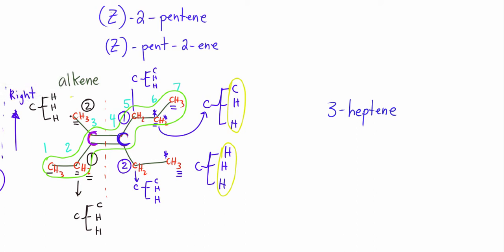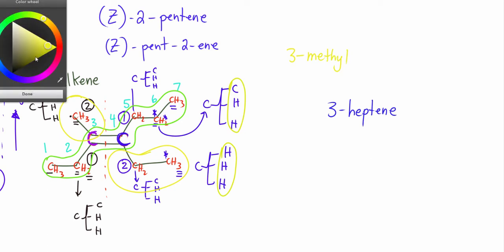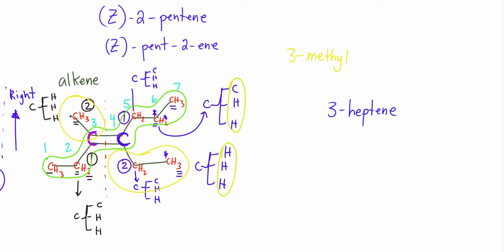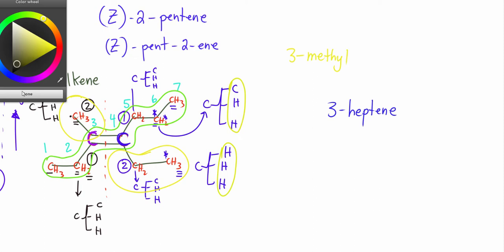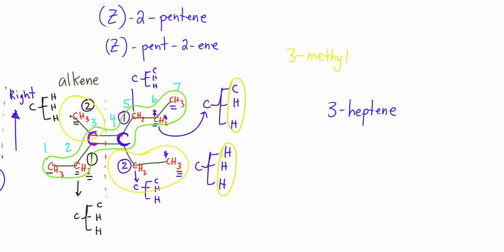Okay? So I've circled my parent chain, and now we need to be concerned with the substituents coming off of the chain. So what's coming off of the chain is this group and that group, correct? So on carbon 3, I have a methyl. So I could say what, 3 methyl. On carbon 1, 2, 3, 4.